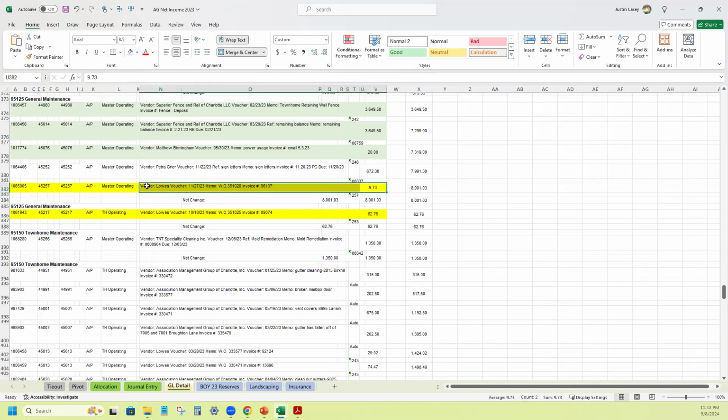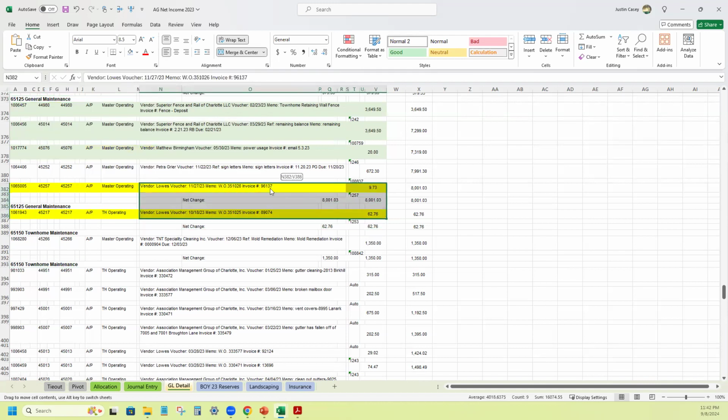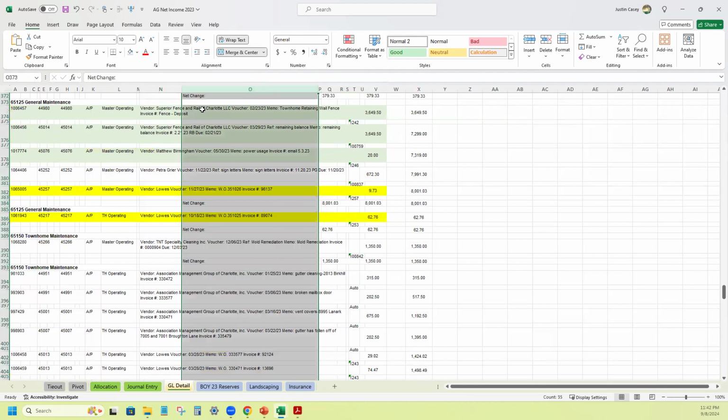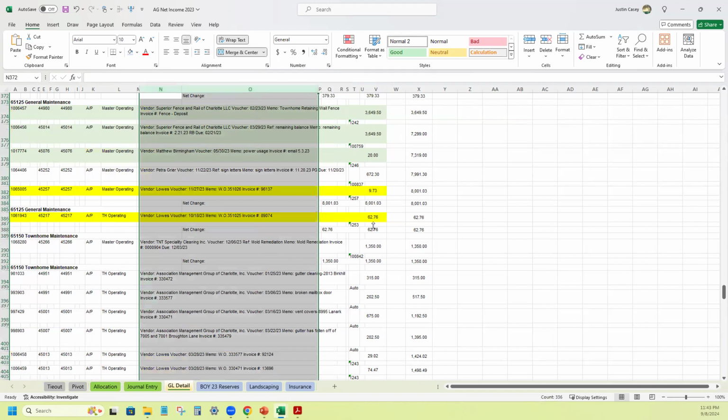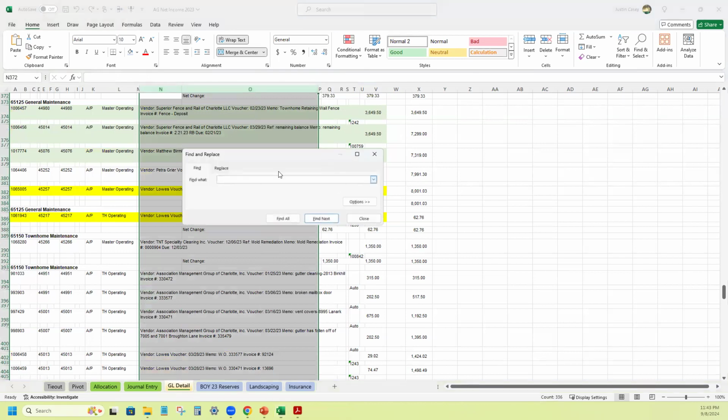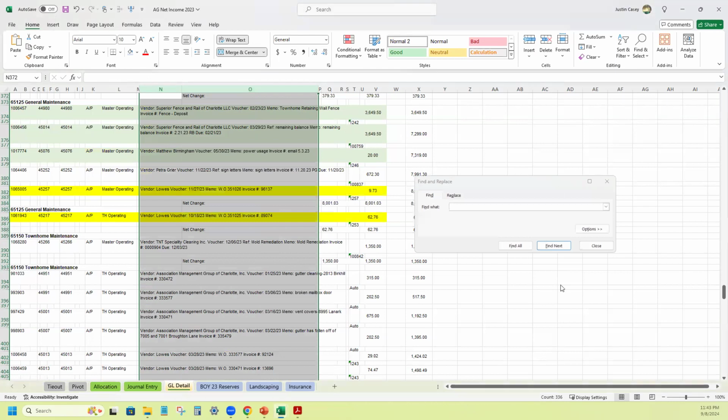A couple of these were, feel free to pause the video and look at any of these expenses as you'd like. It's quite interesting. These are two items that had to be reclassified out of general maintenance into townhome maintenance. The way we were able to figure that out is the work order numbers 351026 and 351025 relate to two work orders that are actually in the townhome maintenance already.